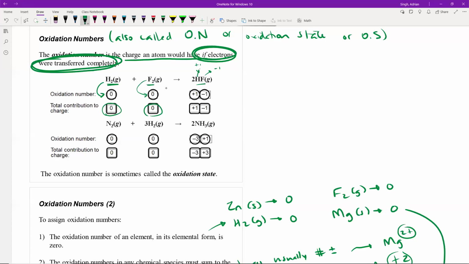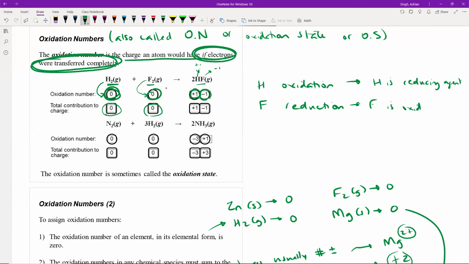Okay, so if I look now, what's happening to the hydrogen? Hydrogen goes from 0 to +1, so H is undergoing oxidation. F goes from 0 to -1. Its oxidation number is decreasing, so F undergoes reduction. So we can say H is the reducing agent, and F is the oxidizing agent.